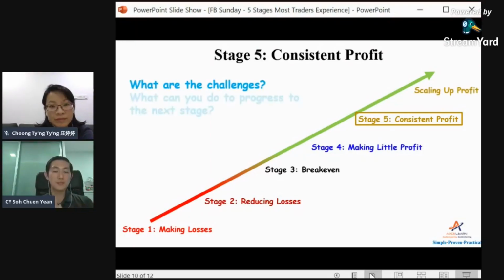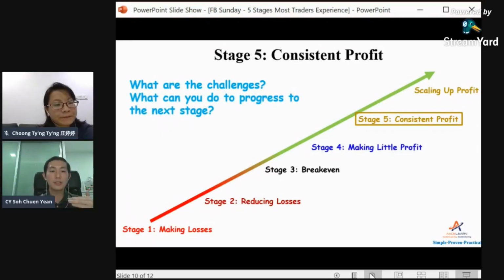So in stage 5, you are actually showing consistency of good trading behaviors. Here you are following your trading rules very strictly. So, this is where you can have consistent profit, where there is a formula where you are doing it over and over again, and it produces consistent results. So here, the consistency of good trading behaviors, like you follow your trading rules, knowing when to enter and when to exit.